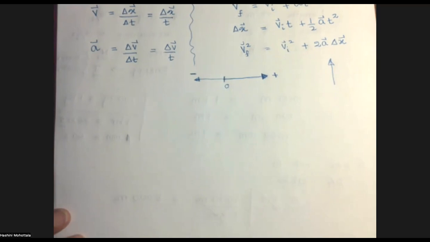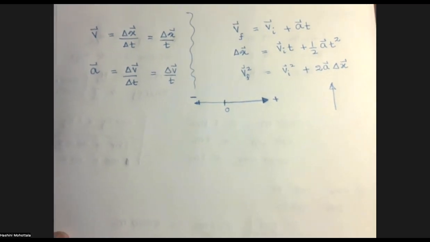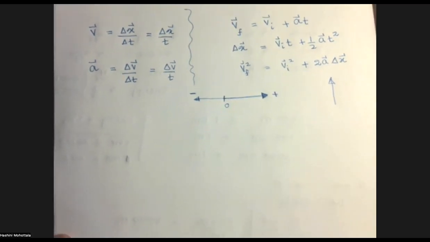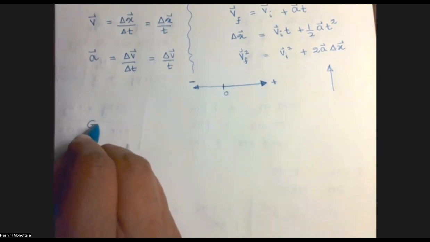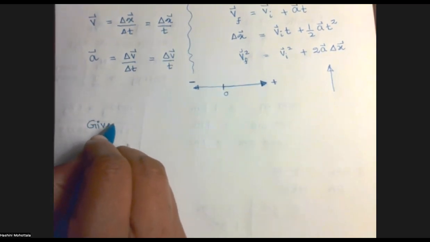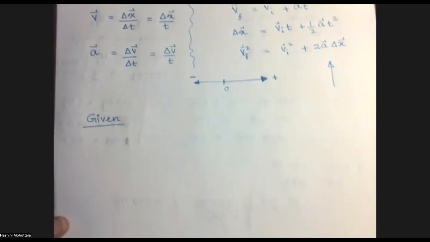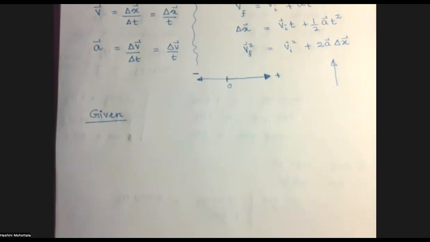So when we are using these equations, the first thing that you have to do, especially when you are doing a problem, is find out the given information. Identifying what is given is very important. So in order to get to that, let me share the screen and do a sample problem, okay?